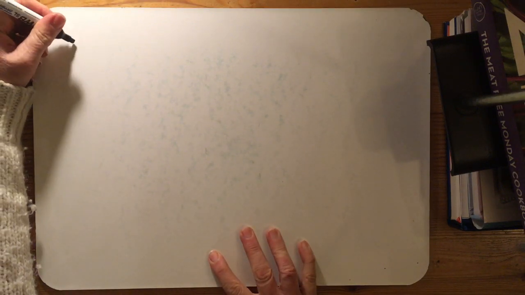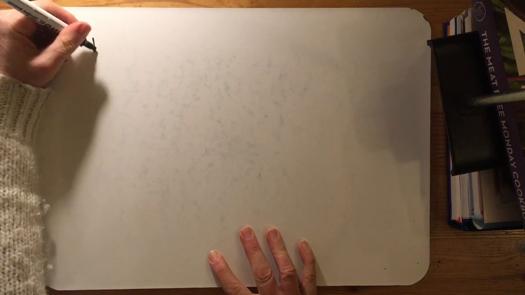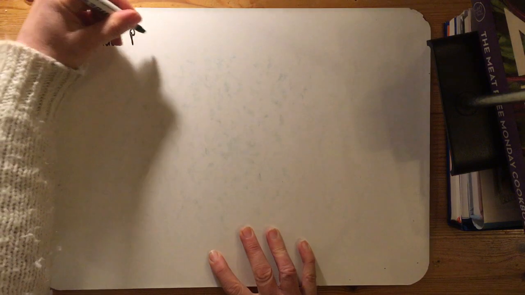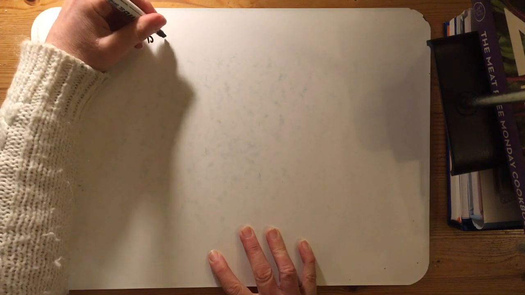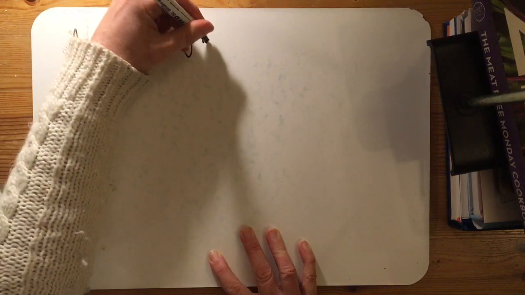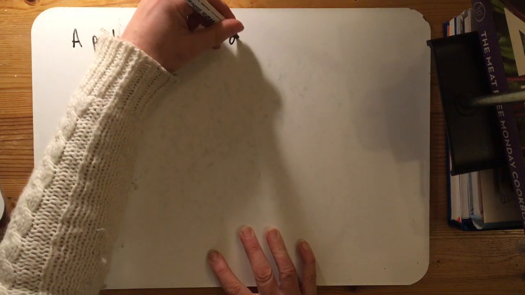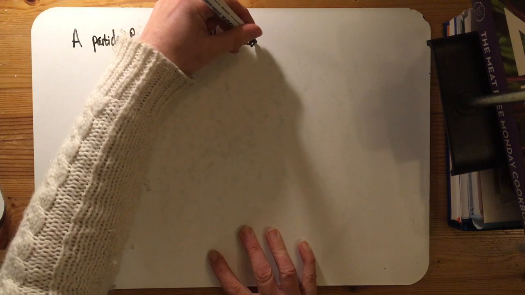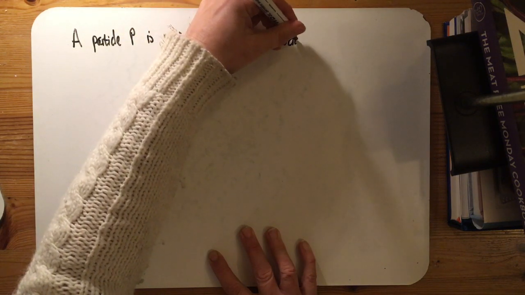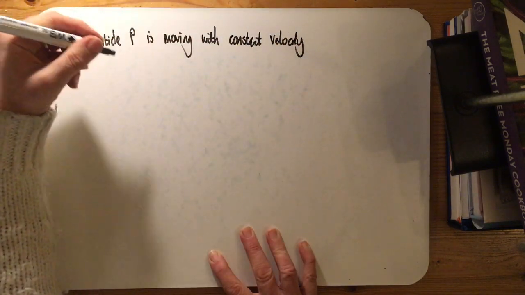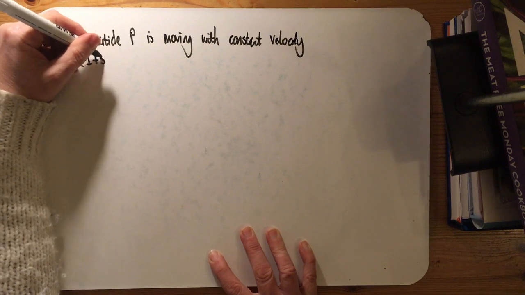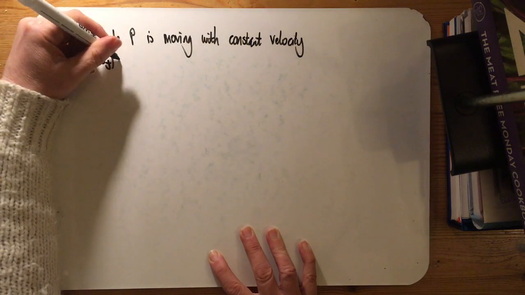So we have a particle P moving with constant velocity for this one. And we're going to have that as being -i + 5j meters per second.